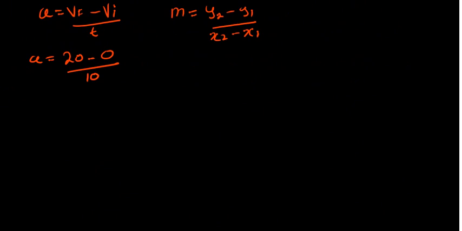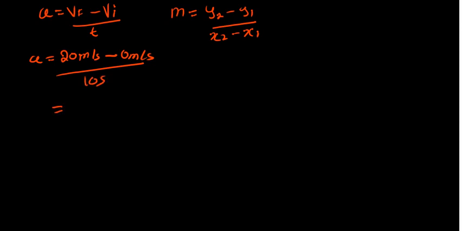So again here, very, very important. Let me just rewrite this so that we have our units. So we have 20 meters per second minus 0 meters per second, divided by 10 seconds.